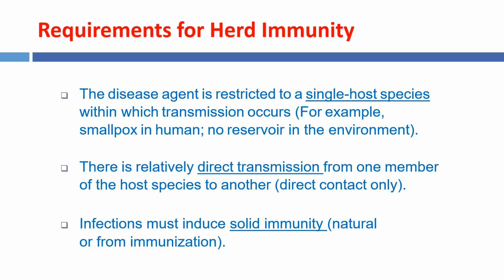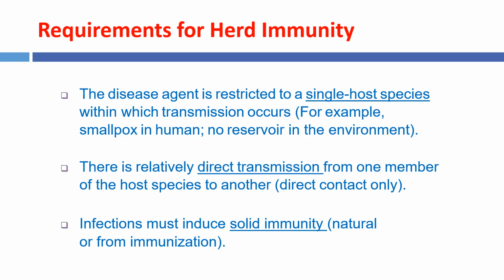There are 3 requirements for herd immunity in a population. Number 1, the disease agent should be restricted to a single host species, to be restricted among humans, within which transmission occurs. For example, smallpox only happens among humans.